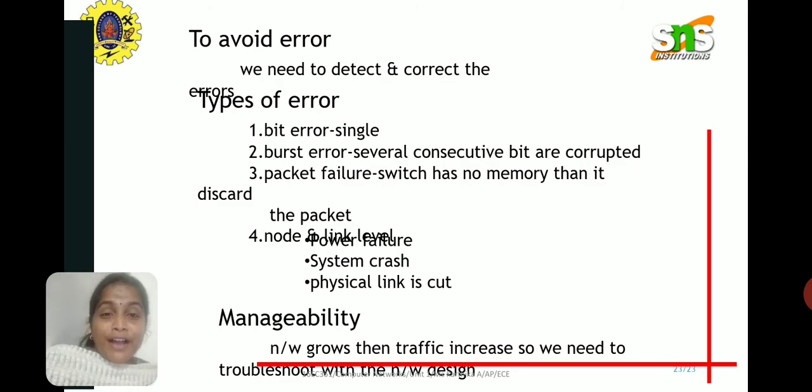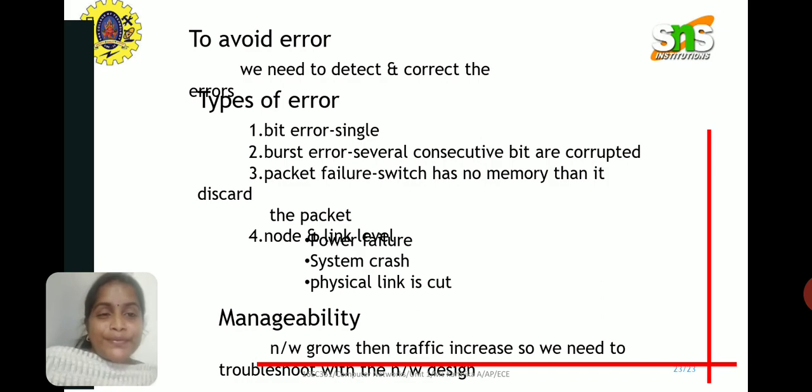So we have to identify which error loses our connectivity, and also we have to ensure our network is operable and cost effective, and it should not affect any data while we are using this parallel communication.